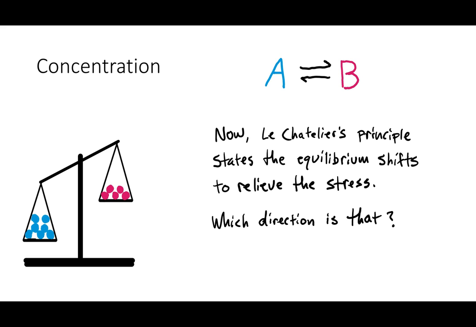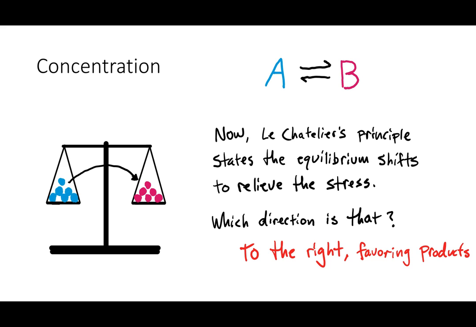Now, Le Chatelier's principle states that the equilibrium shifts to relieve the stress. Which way will it go now? Which way will it favor? And you can see that it would favor producing more B to get it back to a state of equilibrium. So it will shift to the right, favoring products.